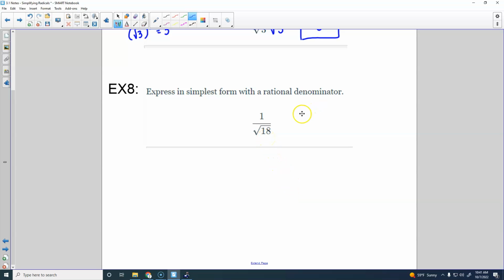Yes, it will. So you have the option of doing this, breaking it down before or after you do the problem. I'm going to do it both ways so you see the difference here. Okay, so we could do just like we did the last problem. We could do square root of 18 over square root of 18, and it will give us the square root of 18 over 18.